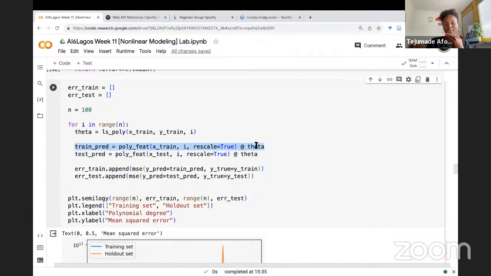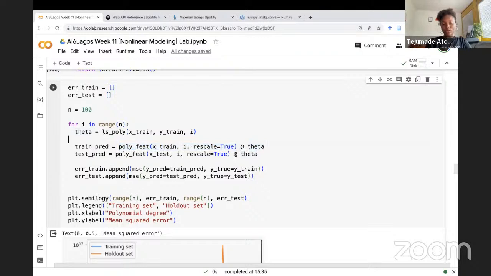The optimal parameter is what is stored in the variable called theta, and then you compute theta transpose x, where x is the polynomial feature now, and this is your theta.